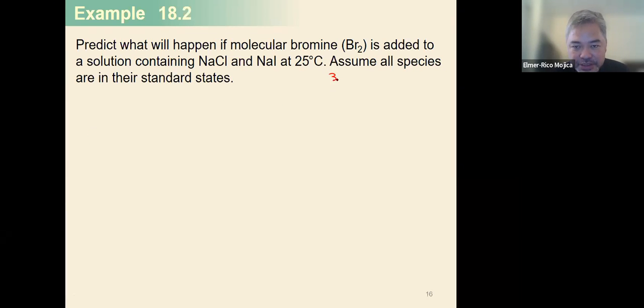You have the Br2, I minus, and chloride minus. Now, for you to know which reaction will happen, you have to write all the reduction reactions of the species that you contain there. And we write it like this, based on the reduction potential.